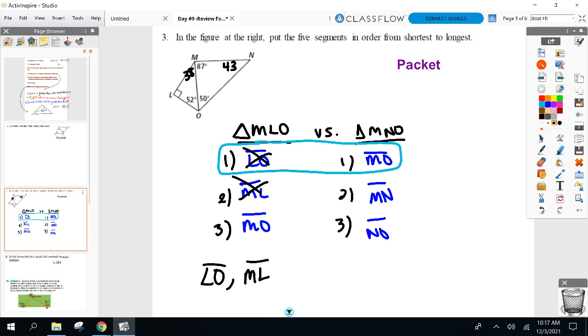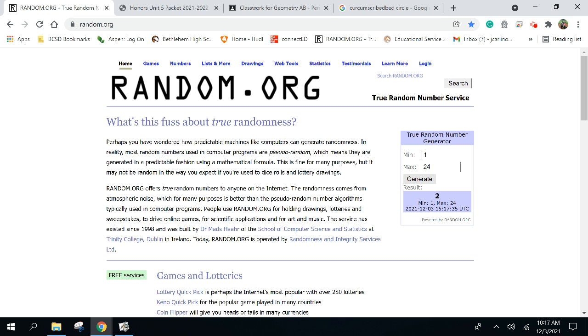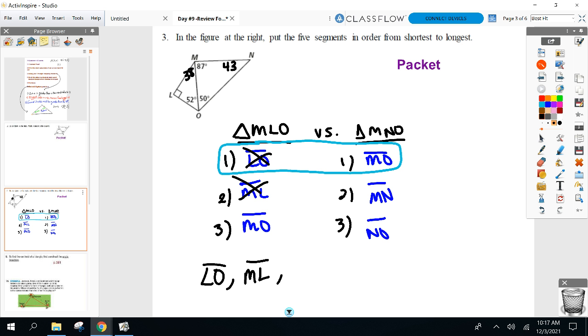All right, let's finish this. What's next after LO, ML? MN? Didn't I have one smaller than it?